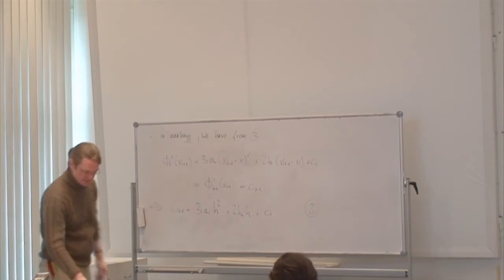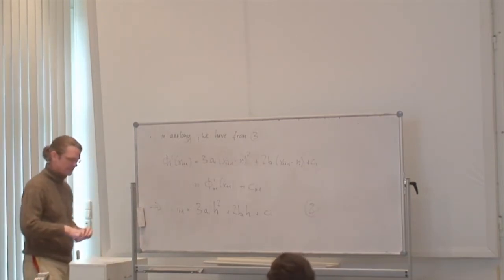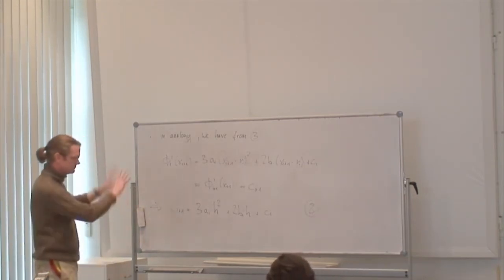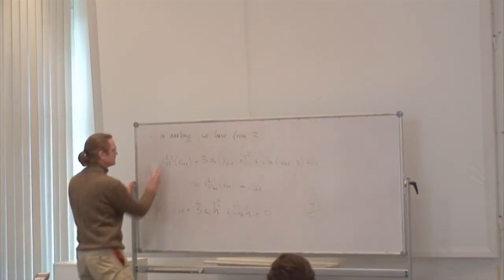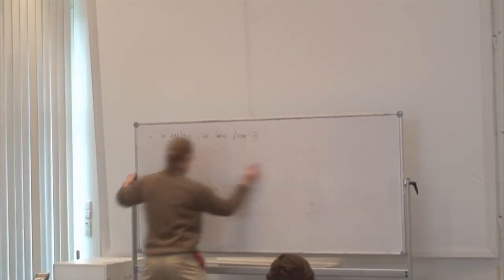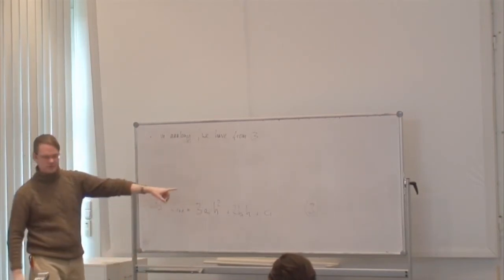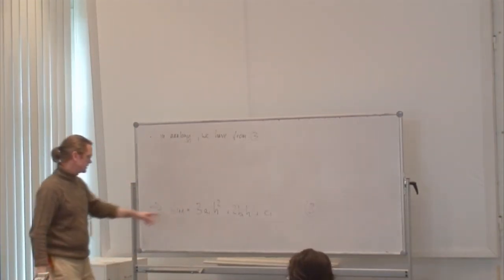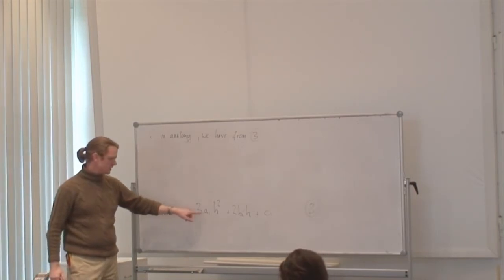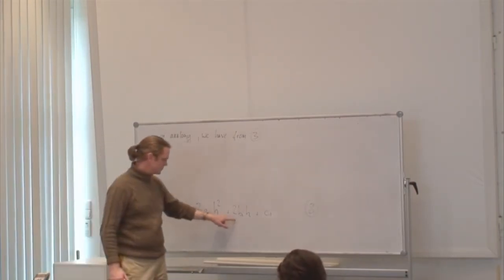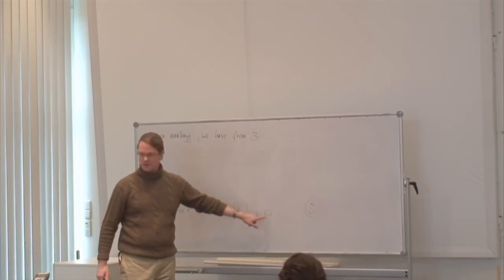So let me do that for the second derivative, and of course this will now be very repetitive, so I just write it down. So this was equation 8: c_(i+1) equals 3a_i h squared plus 2b_i h plus c_i.